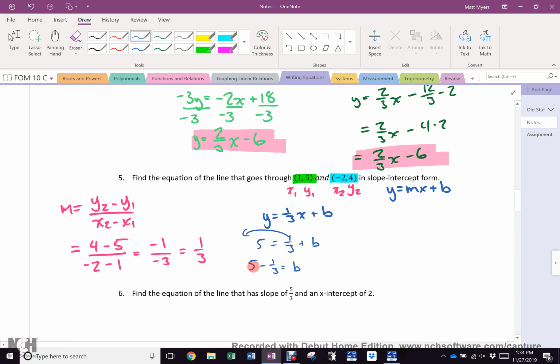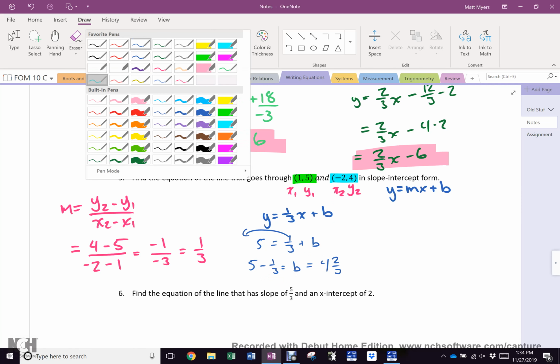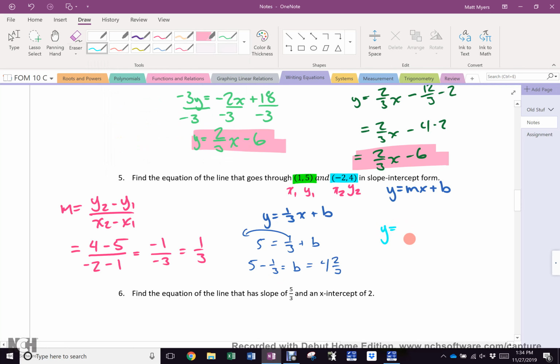So if I have 5 and I'm taking away 1/3, how much do you have? 4 2/3. So now I know b. So what's my answer? Y equals 1/3 x plus 4 2/3.